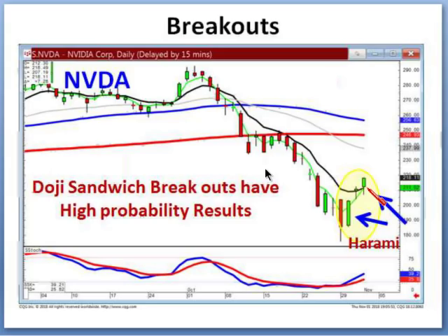Well, when we woke up and saw the pre-market futures were opening up pretty strong, if Nvidia opened positive, we knew it was probably going to trade positive because of the doji rule and because of the doji sandwich result. So the expectation is it's still heading higher.